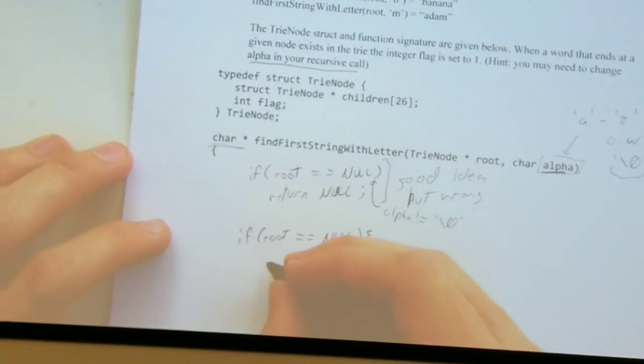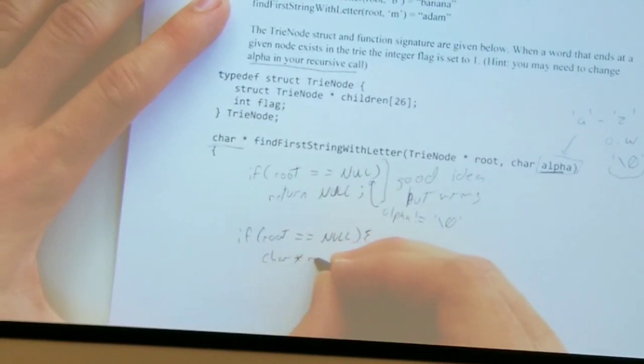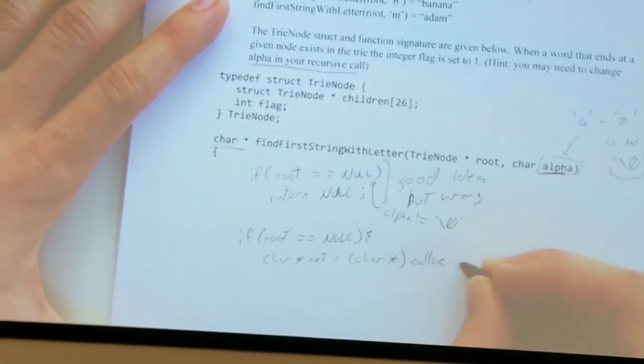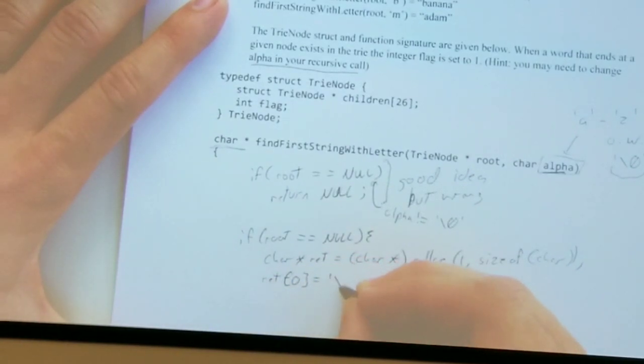To return an empty string, we create a char star ret equal to calloc of one size of char. And then I say ret of 0 is equal to the null terminator character, to say that we're passing back an empty string.